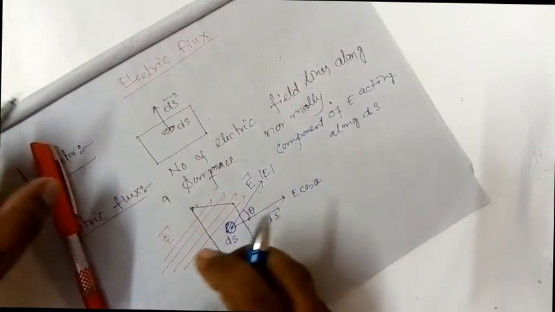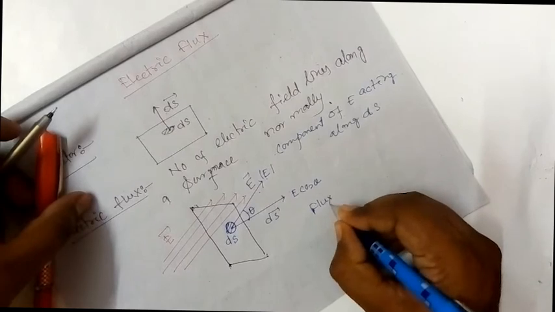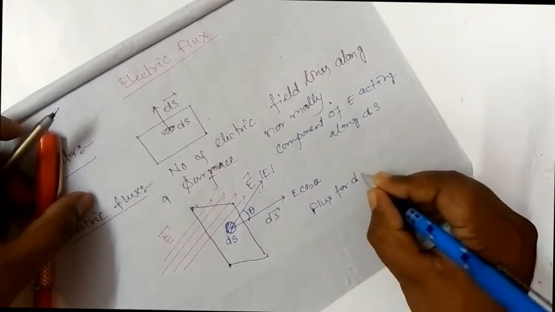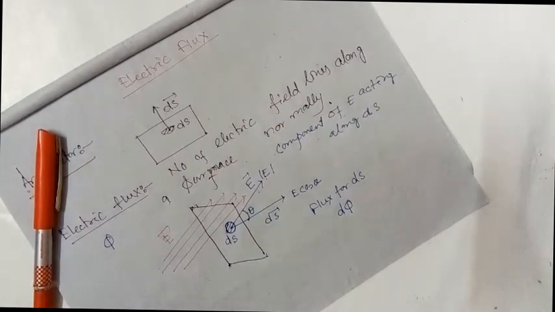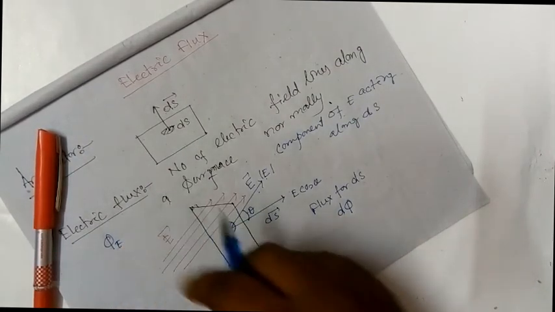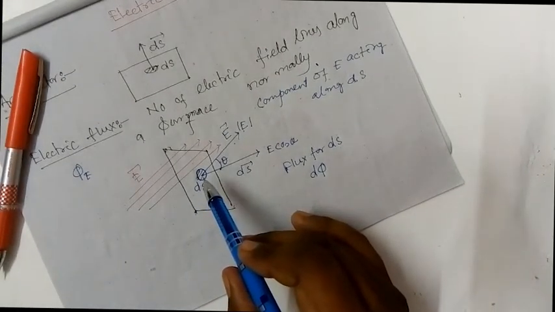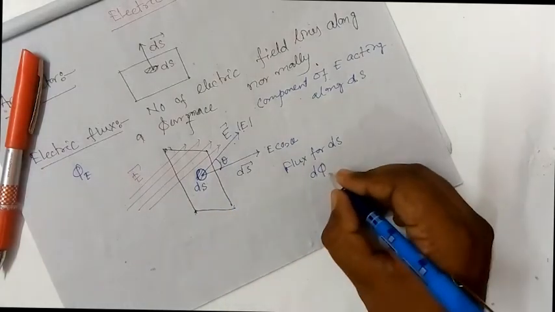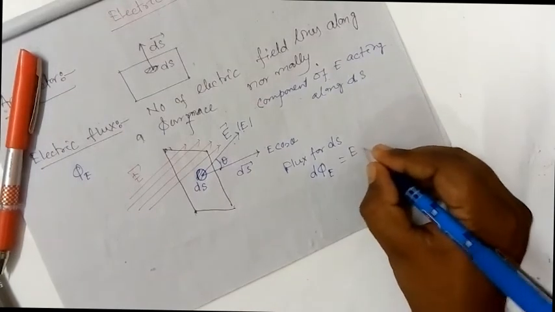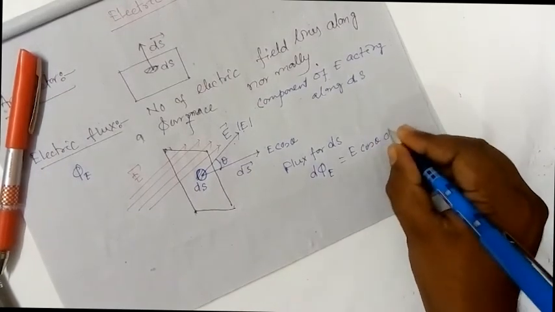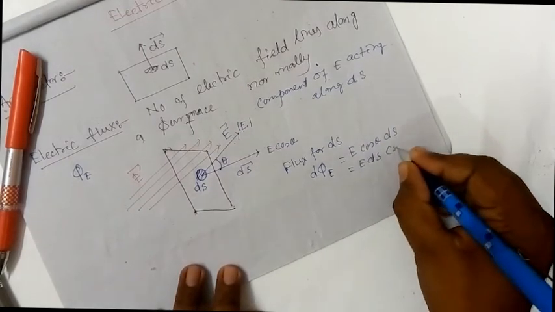So for the smaller portion ds, the flux is d phi. Generally we denote flux by phi, or phi E, as it is electric flux, but here we are assuming a smaller surface ds, so we have taken a smaller flux d phi E. That equals E cos theta into ds, or E ds cos theta.